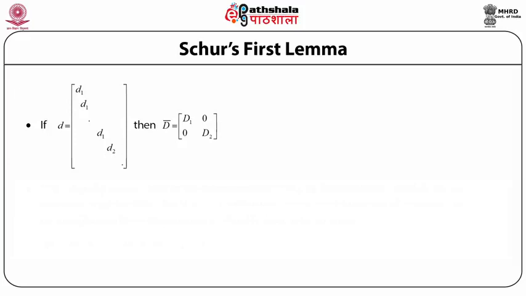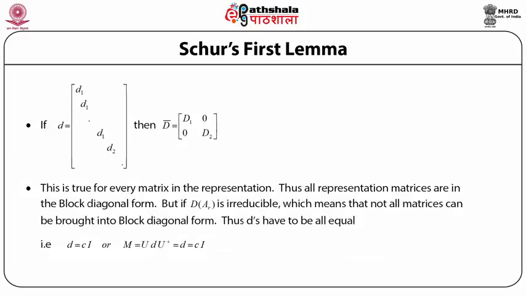But if DAR is irreducible, which means that not all matrices can be brought into the block diagonal form, then all the D's have to be equal, which means that the diagonal matrix D is nothing but a unit matrix, that is D is equal to CI.